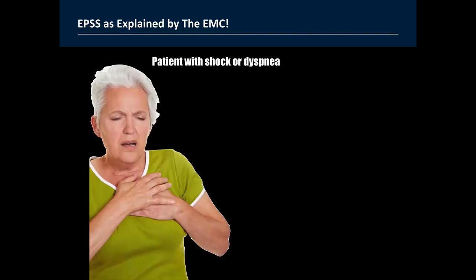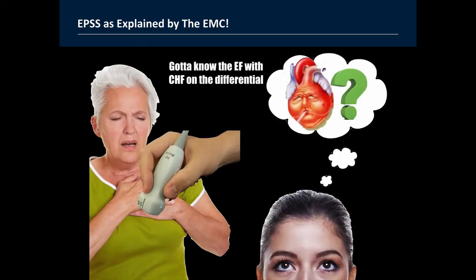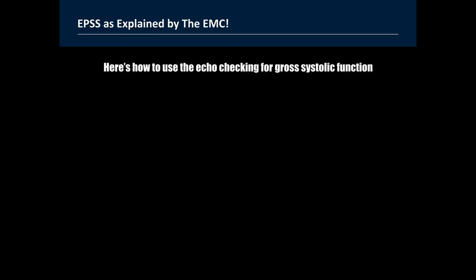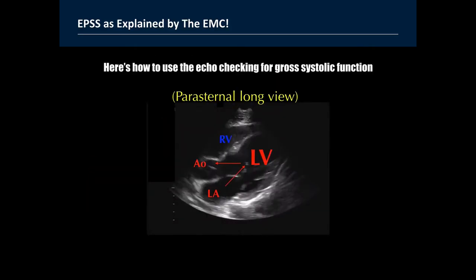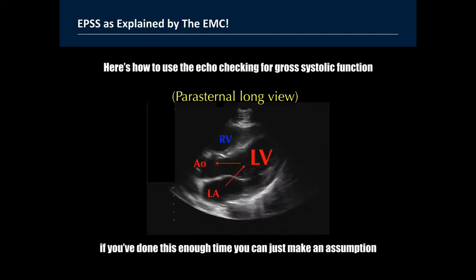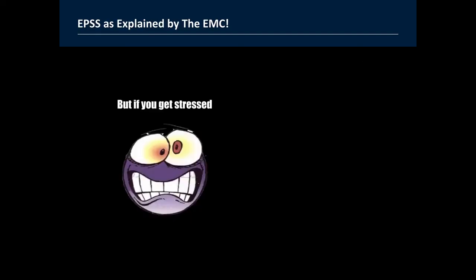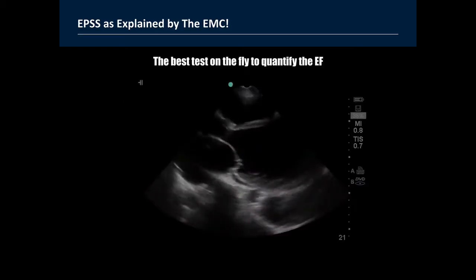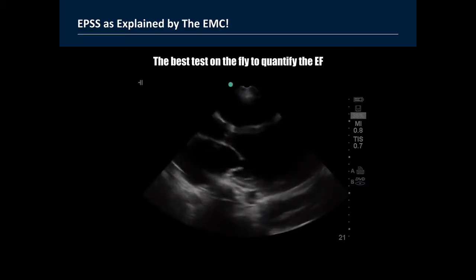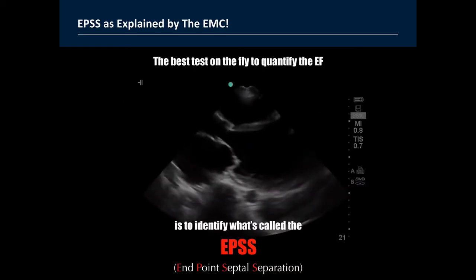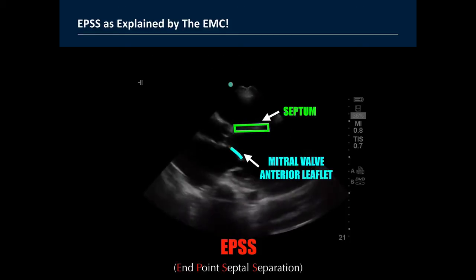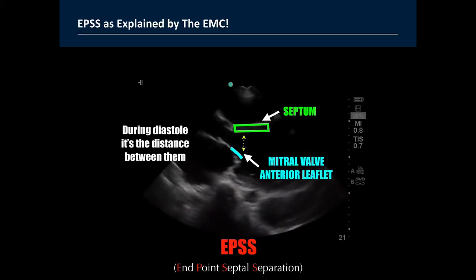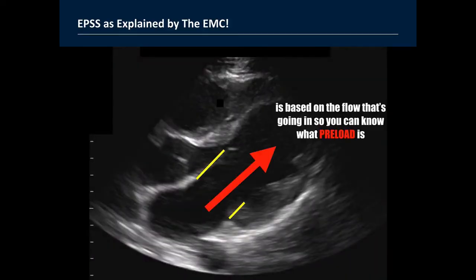Patient with shock and dyspnea, the echo is essential. Gotta know the EF with CHF on the differential. Here's how to use the echo, checking for gross systolic function. If you've done this enough times, you can just make an assumption. But if you get stressed, not satisfied, and just guess, the best test on the fly to quantify the EF is to identify what's called the EPSS. You find the septum and the mitral valve anterior leaflet, and during diastole, it's the distance between them, because the amount the valve opens is based on the flow that's going in.